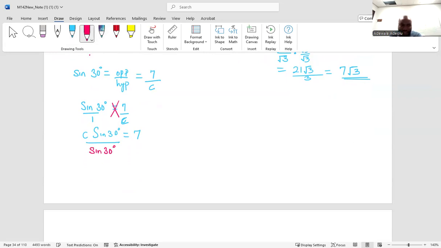Now this takes care of this, and we have C equals 7 divided by sine 30 degrees, which is 1/2, and that is 7 times 2 over 1, which is 14. So that is our answer.